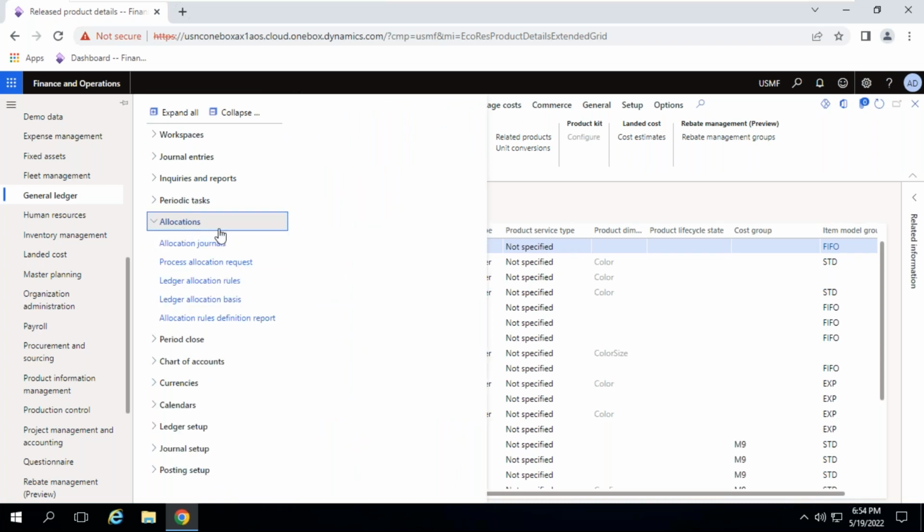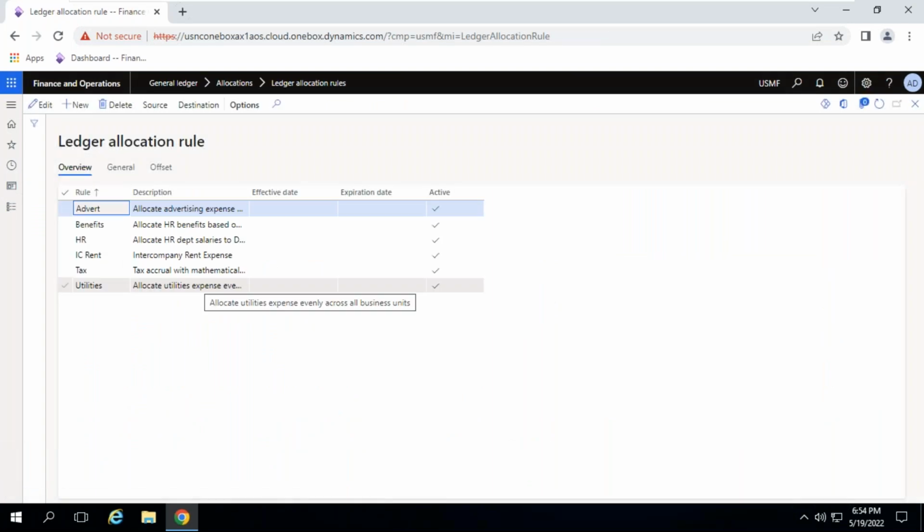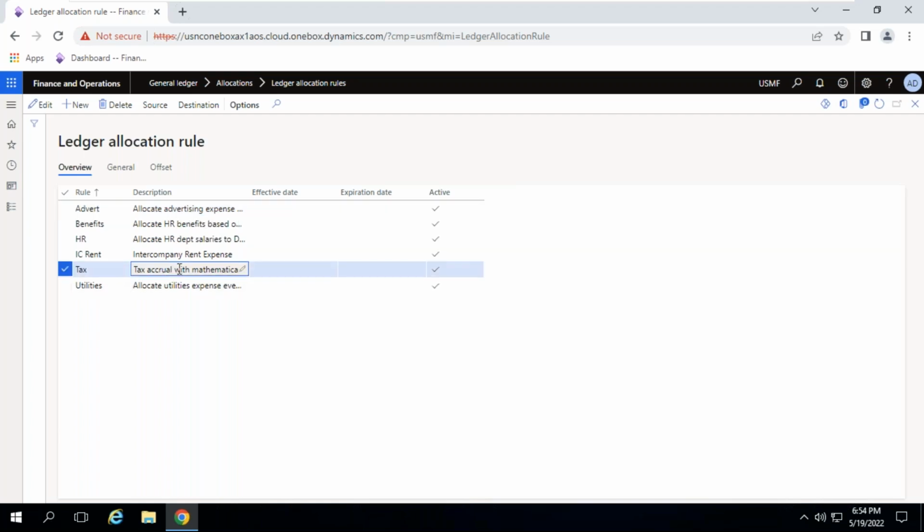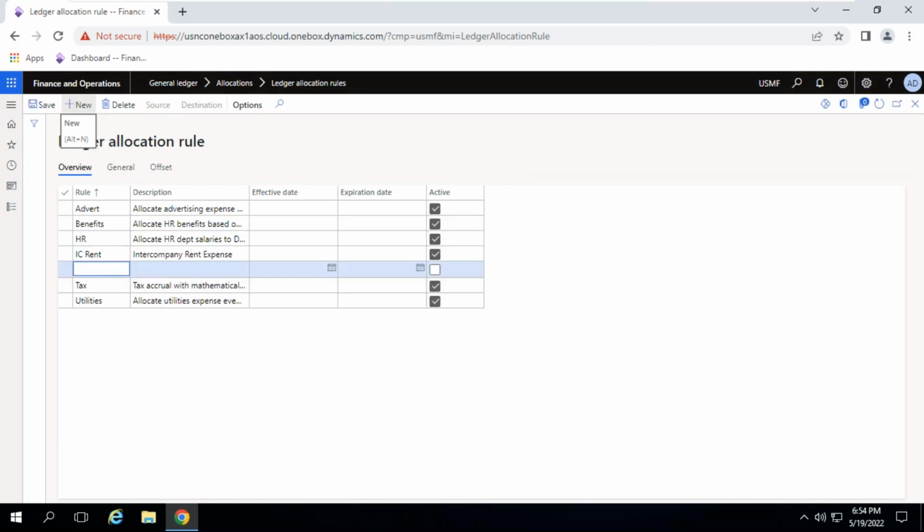Okay, fine. Now here, allocations, ledger allocation rules. Otherwise, I will create a new one. Better to create a new one. Suppose insurance, insurance fixed weight method.